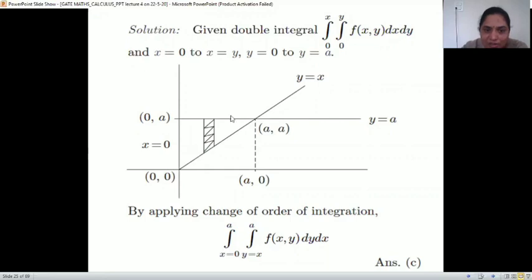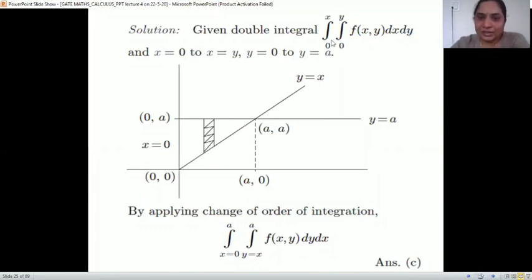So we have to write the point of intersection. If y is a, x is also a. So this is the point of intersection, a.